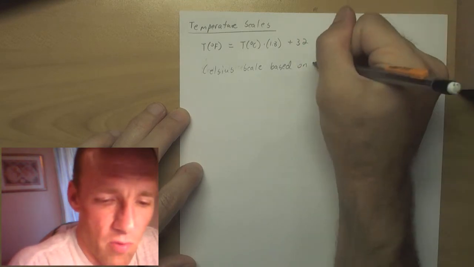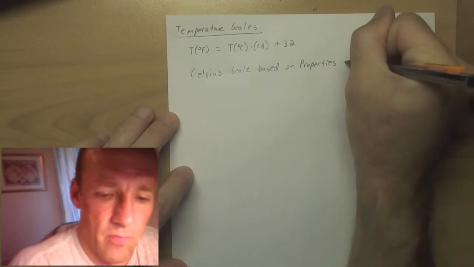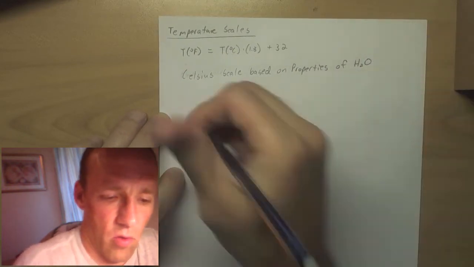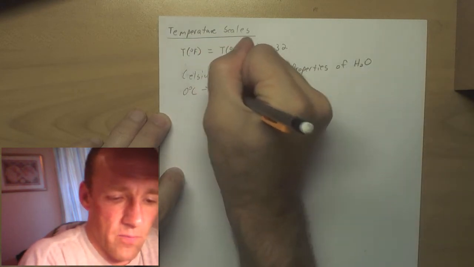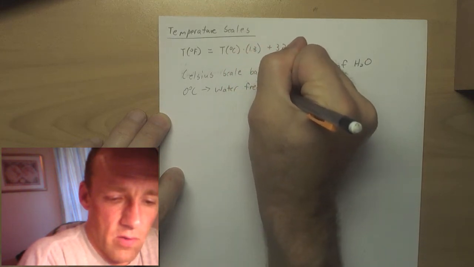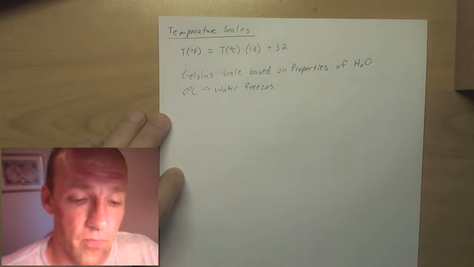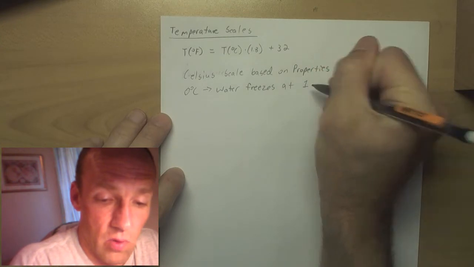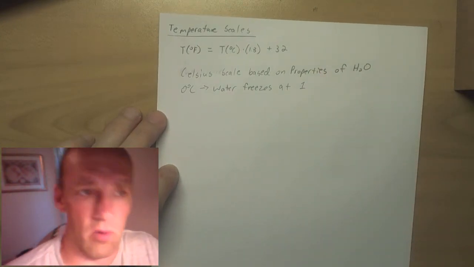So it's based on sort of the properties of H2O. All right, so 0 degrees C is where water freezes at 1 atmosphere, or at mean sea level.